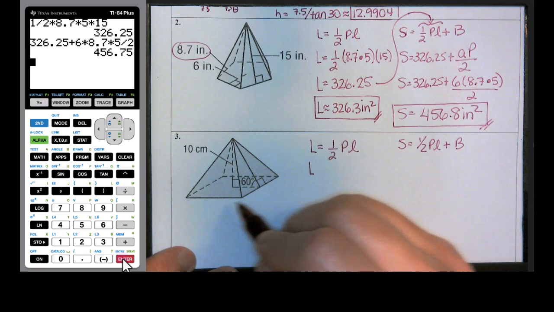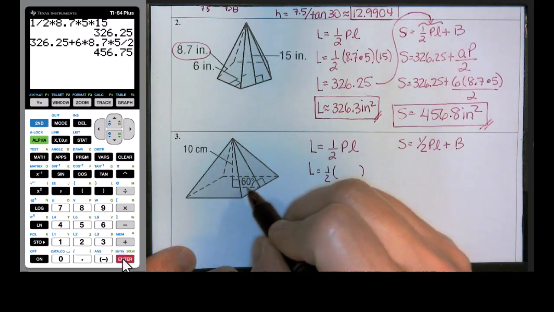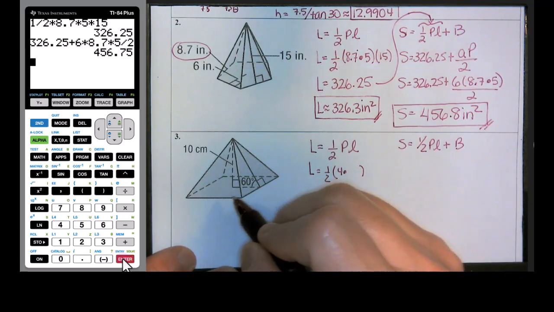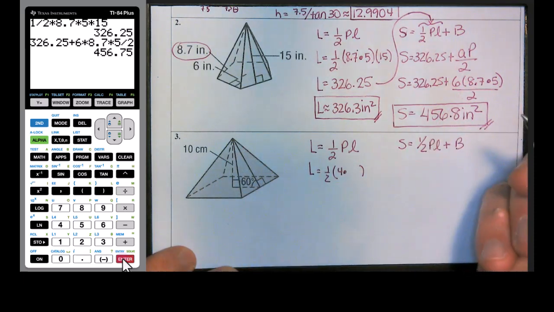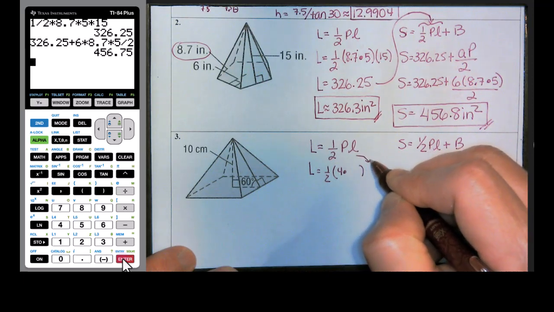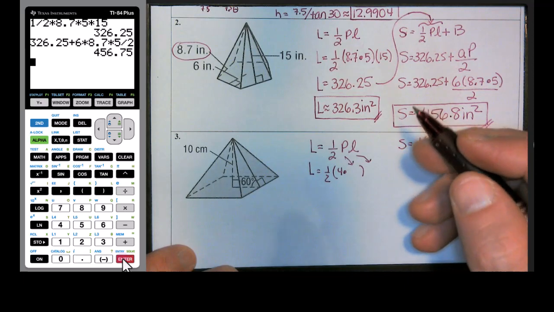We don't have the side here, so when we look for the perimeter, we know they have 4 sides, but we don't have the side of the base here. And the lateral area is also missing. So we need to find those 2 pieces of information in order to find the lateral area.